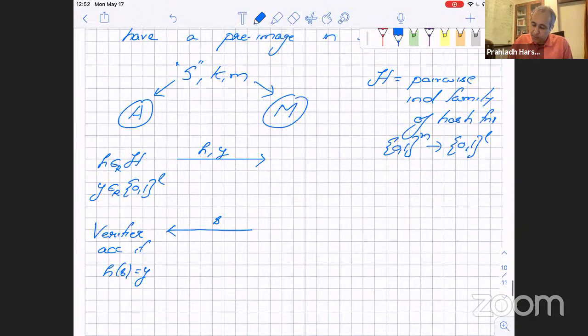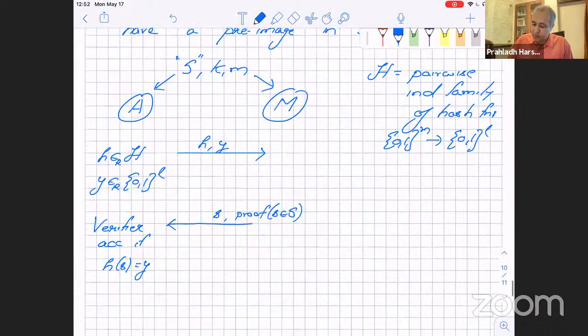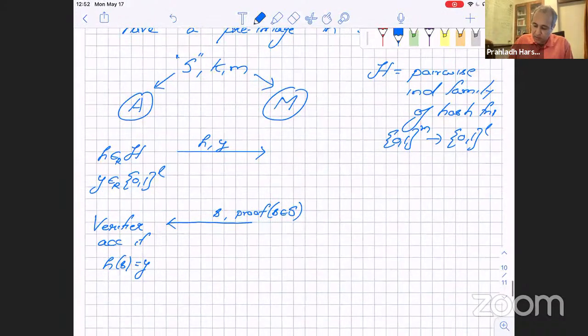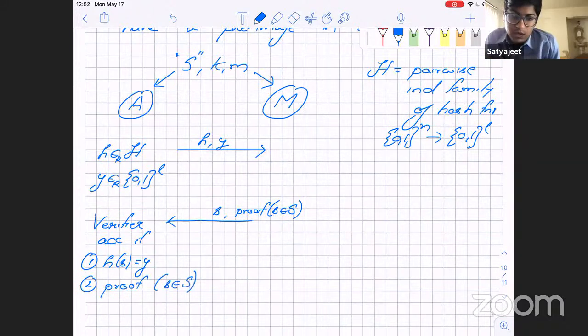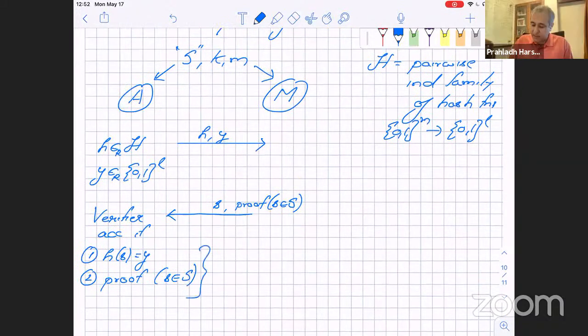He will also give me a proof that s is in S. So he'll check this and the proof that s is in S, and if both pass, he accepts.